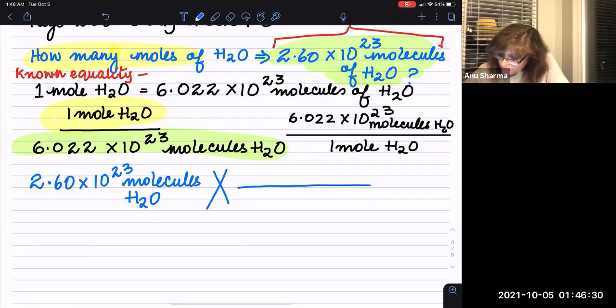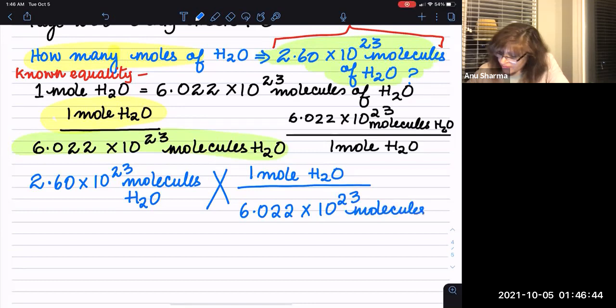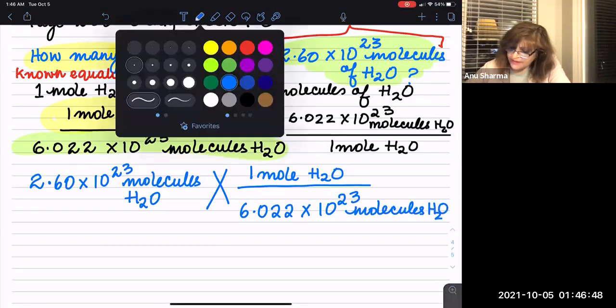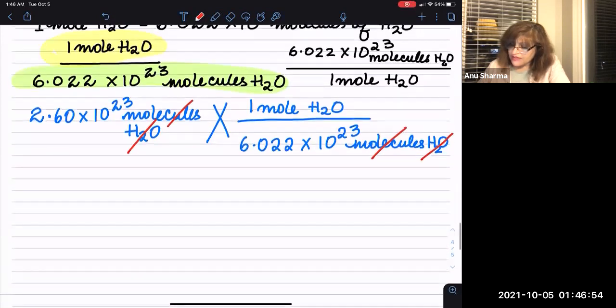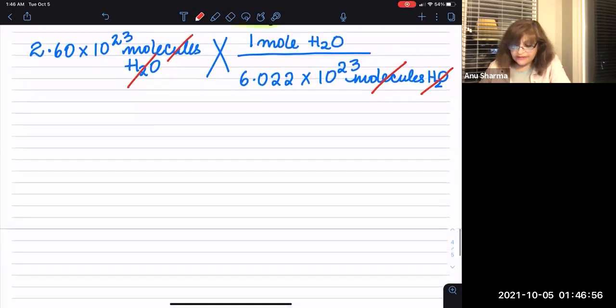Multiply by 1 mole of water contains 6.022 into 10 to the power 23 molecules of water. Okay, so here we see that the molecules of water cancel out. All right, so you're just left with the moles of water, and that's what we need.